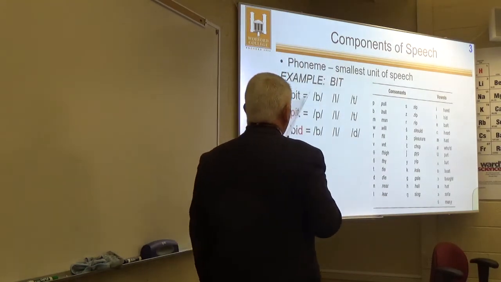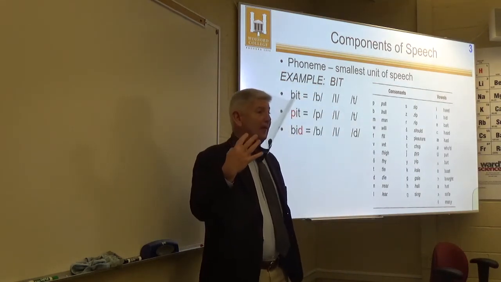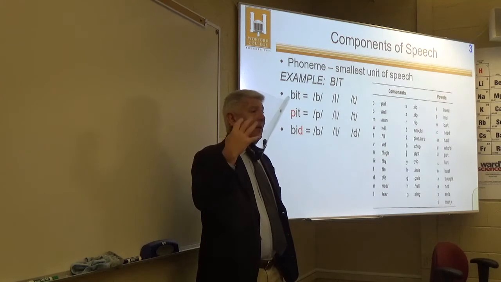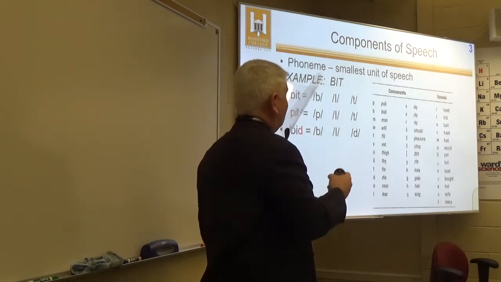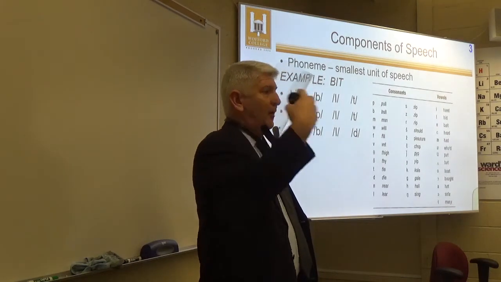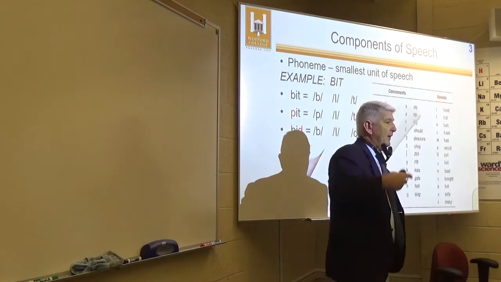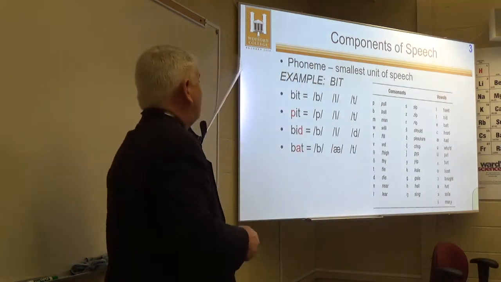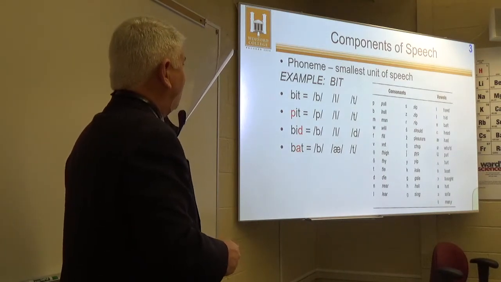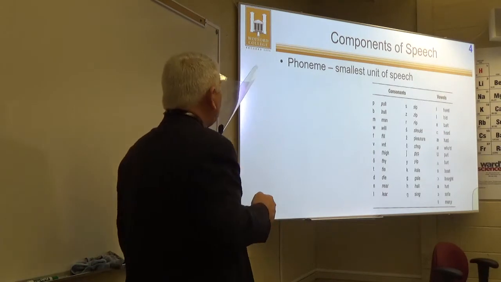Or if we change the last one from ta to da, right? Ta, da, instead of having that push of air, we have sort of a deadening sound, right? Then we get bid. Or we can change the middle phoneme. If we change the vowel, right, we can go from bit to bat based on that.